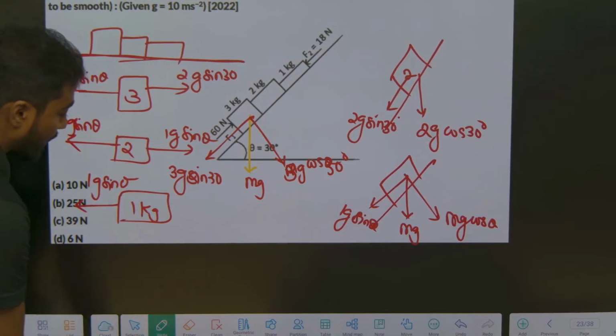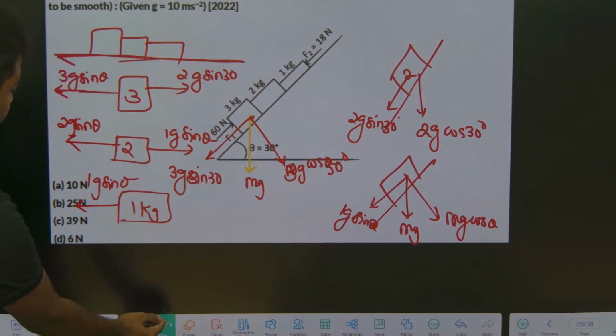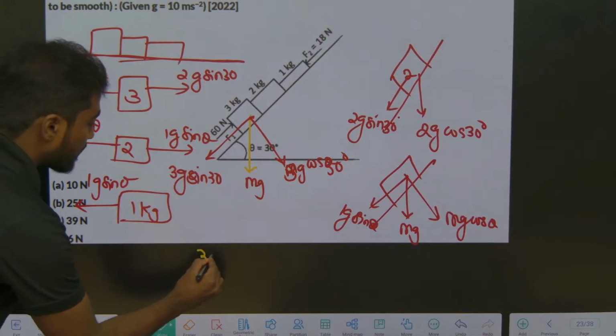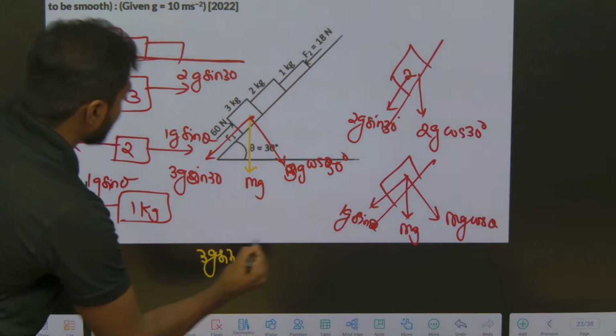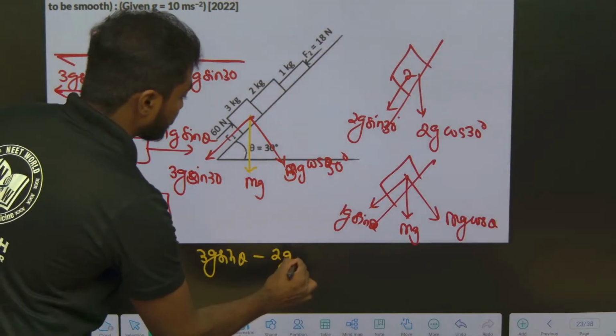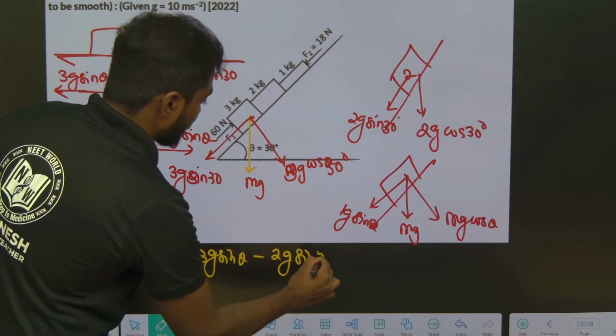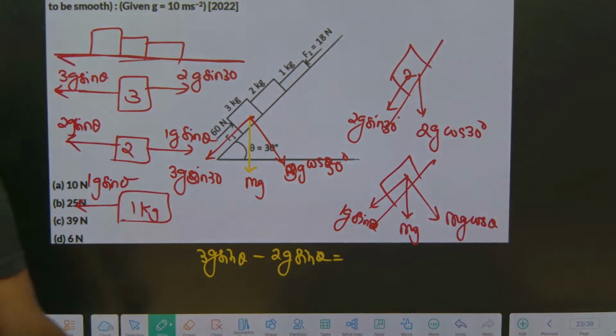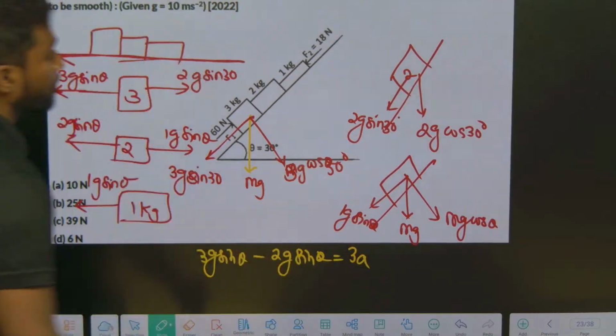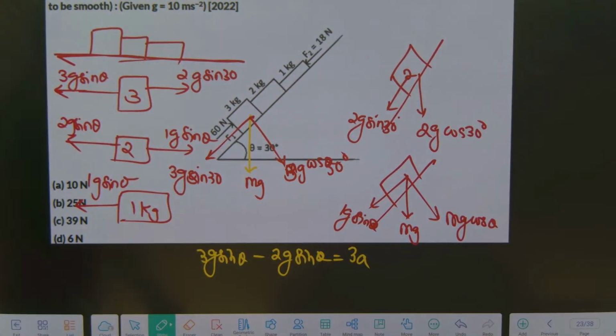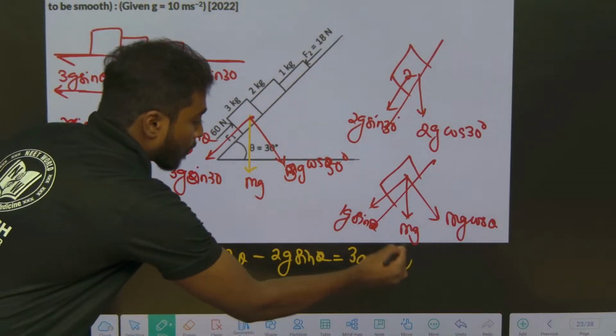So if I write the equations, 3g sin theta minus 2g sin theta should be equal to 3a, where acceleration is a, and this is equation number 1.